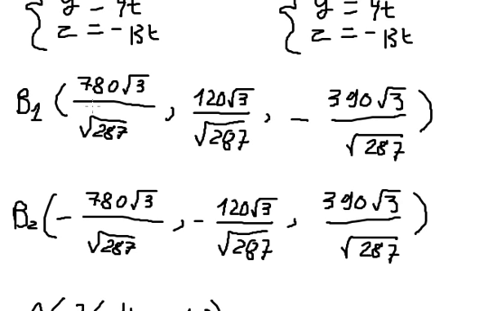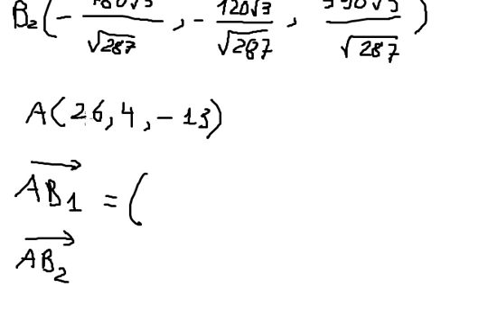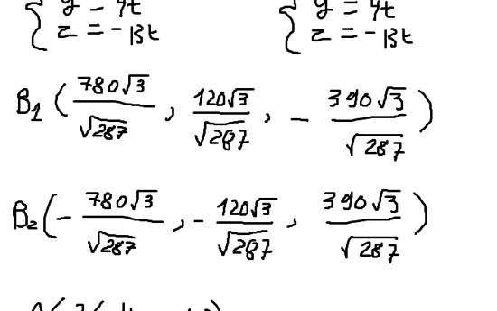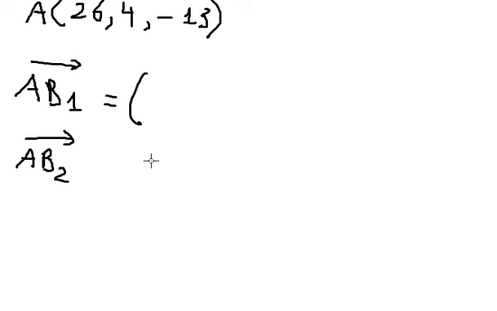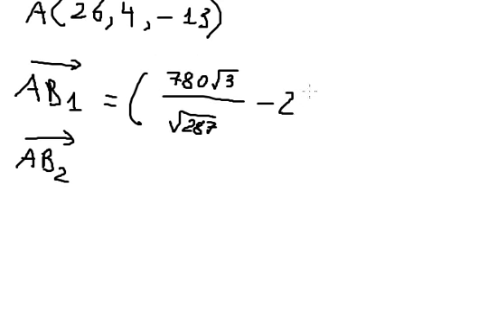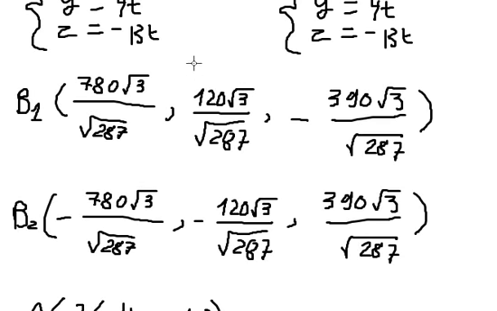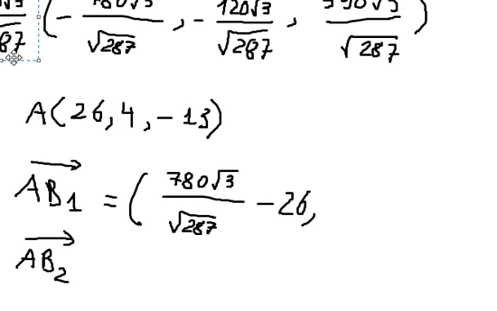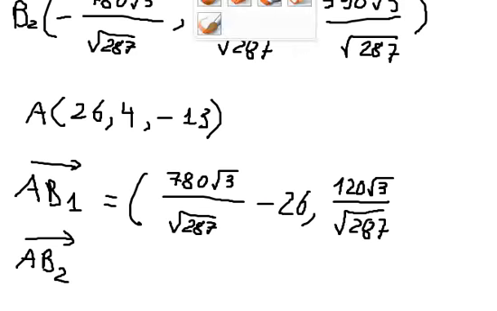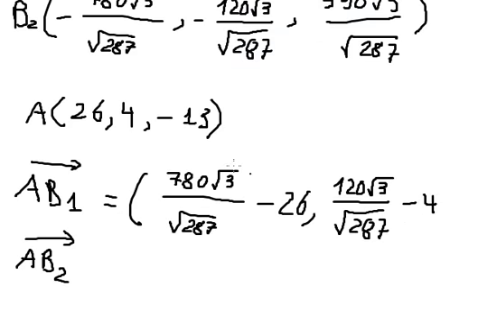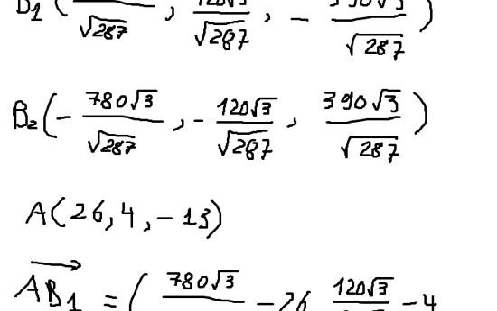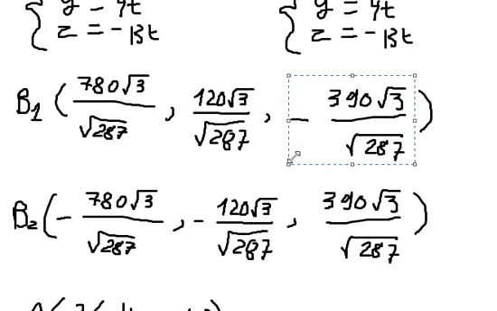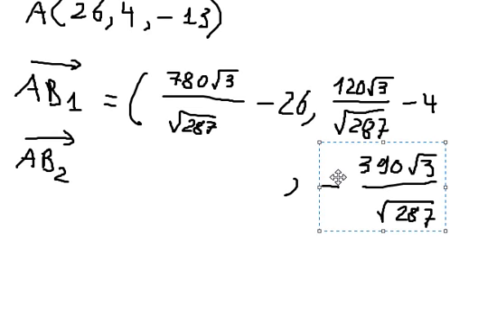We use B1 minus the value of A, that is 26. Similar for this one, minus 4. And the last one, this one minus negative 13, we have positive 13.